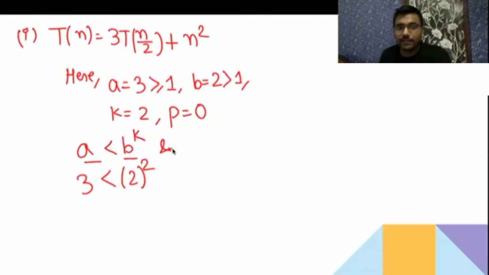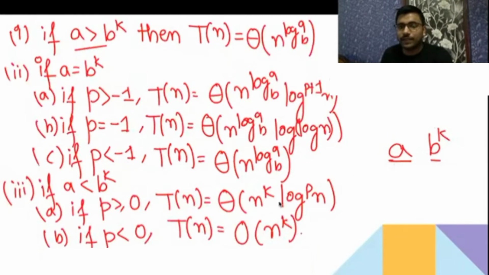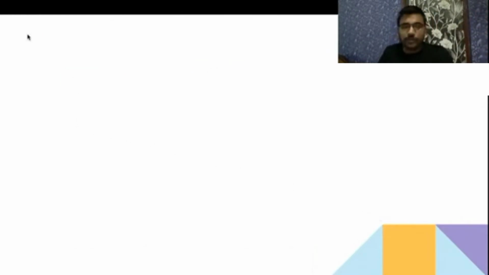P is greater than or equal to 0, so Tn is going to be theta of n to the power k log^p n. Here k is 2 and p is 0, so the log part is nothing. Is it clear? Anyone having any doubt? We are going to solve many problems.